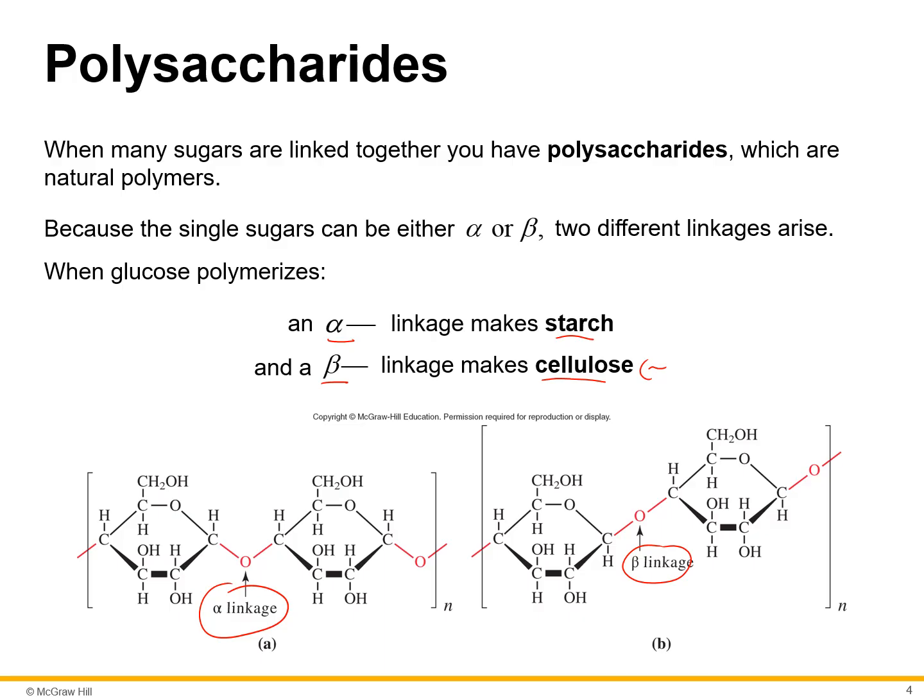So that's the main difference: the starch is on the same side, below, and the beta is above. I think you can see the above in our limited knowledge. You can see that in the beta, the linkage is above.